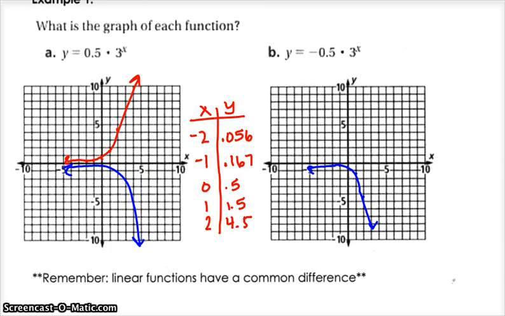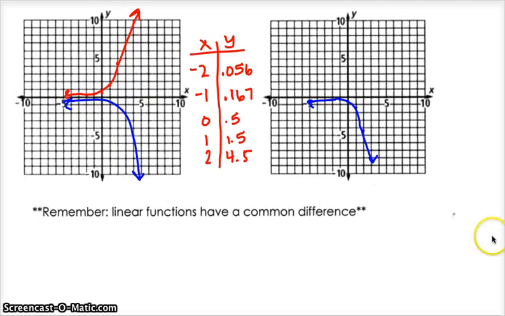Alright, let's move on to talking about some differences between linear functions and exponential functions. If you remember that linear functions have a common difference, well, exponential functions have a common ratio.